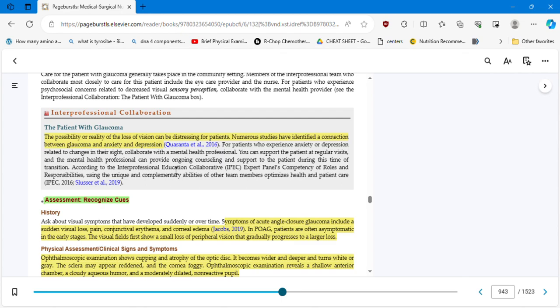So, it's very important to pay attention to all the factors within your patient, right? The history, not only the medications, the chronic conditions, the nutritional habits, but also this mental state. If a patient is having anxiety or depression, assess for glaucoma. If the patient is having glaucoma, assess for anxiety and depression.